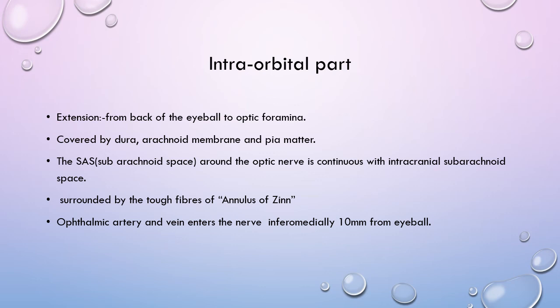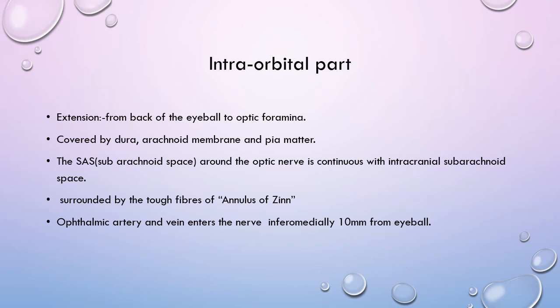It is continuous with the intracranial subarachnoid space that surrounds the brain. So this continuation of the subarachnoid space which covers the brain and the optic nerve has tremendous significance as far as the pathophysiology of papilledema is concerned, which we will discuss in detail in papilledema.